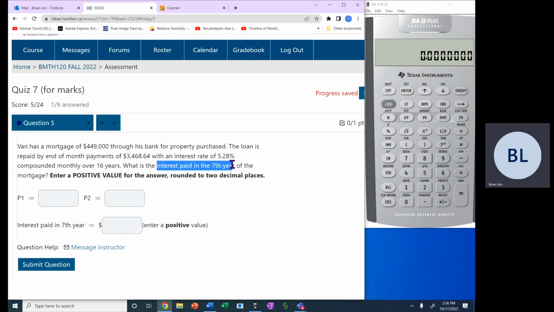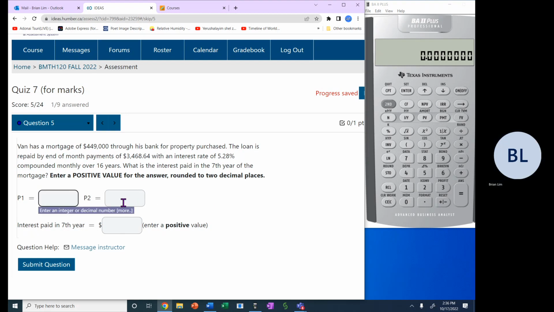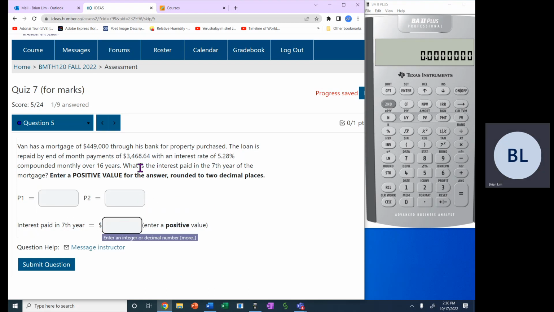We are given the present value and the payment, the interest rate, the compounding frequency of monthly and the payment frequency of monthly. So we've been given all the information. We just have to use the amortization schedule to solve these numbers.